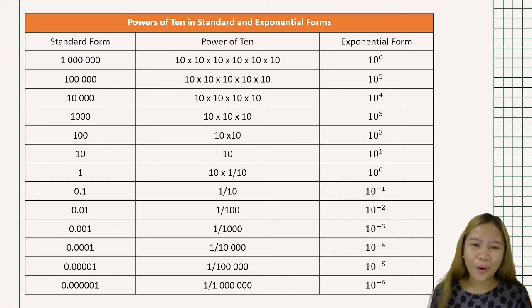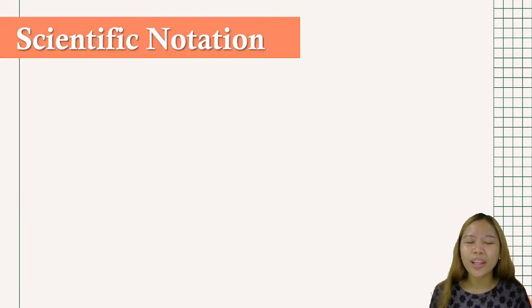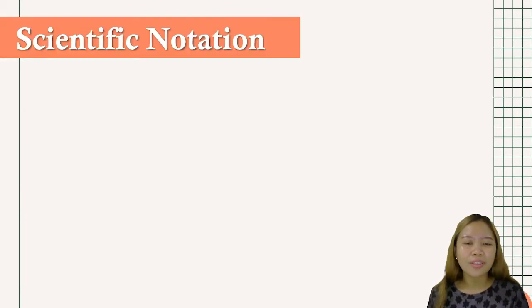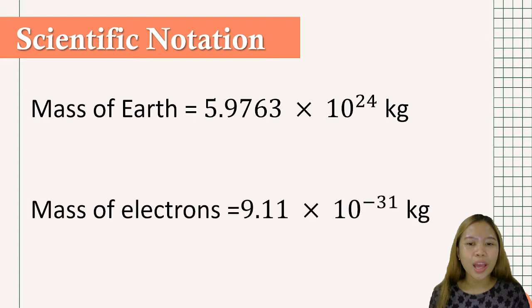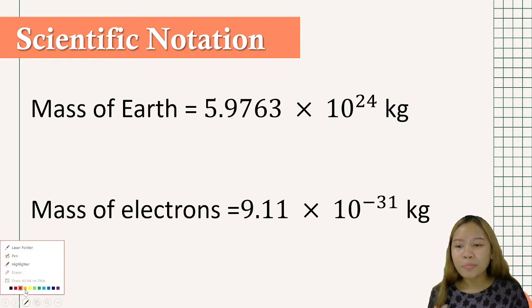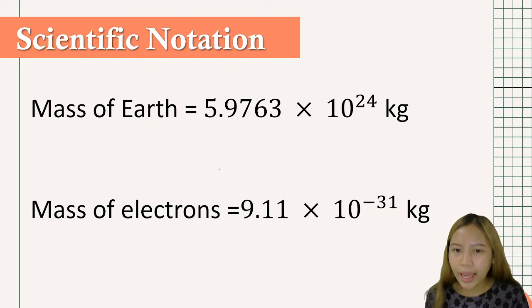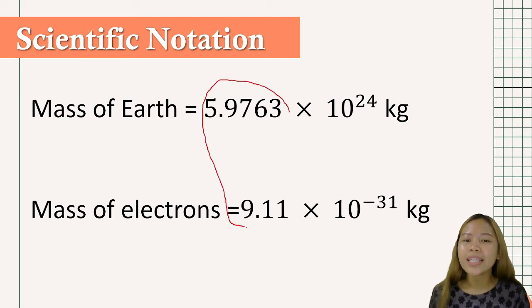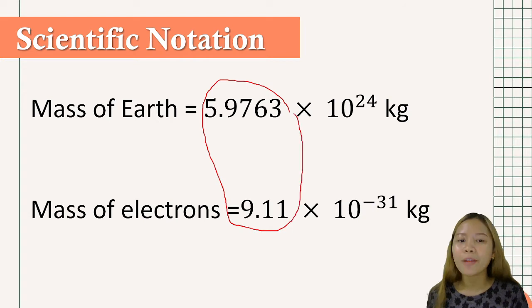exponential form. Now, let us move on to the parts of the scientific notation. So we have here the mass of the Earth and the mass of electrons. Now, what are these parts of the scientific notation? Okay, now we have here 5.9763 and 9.11.